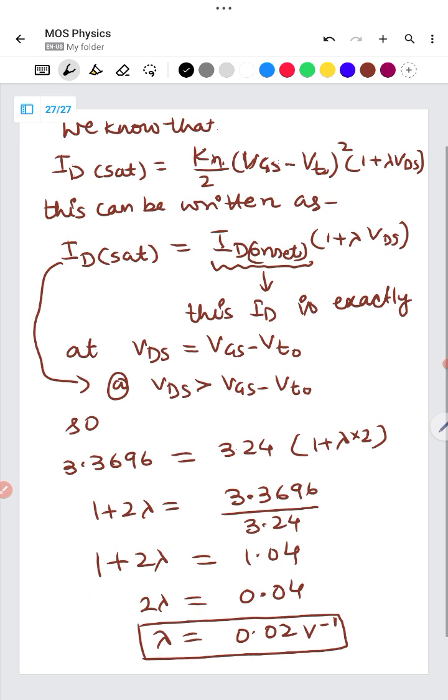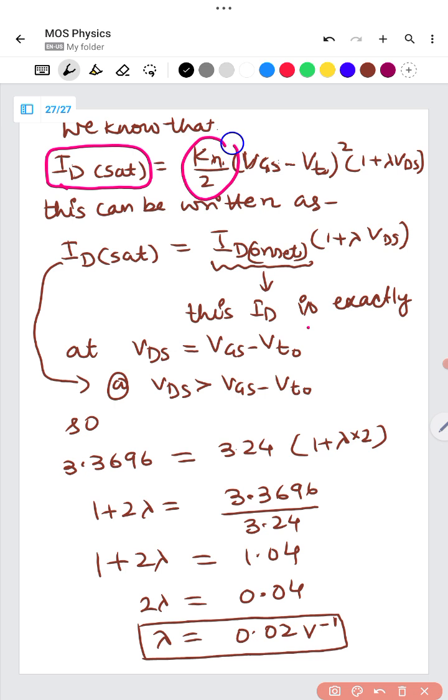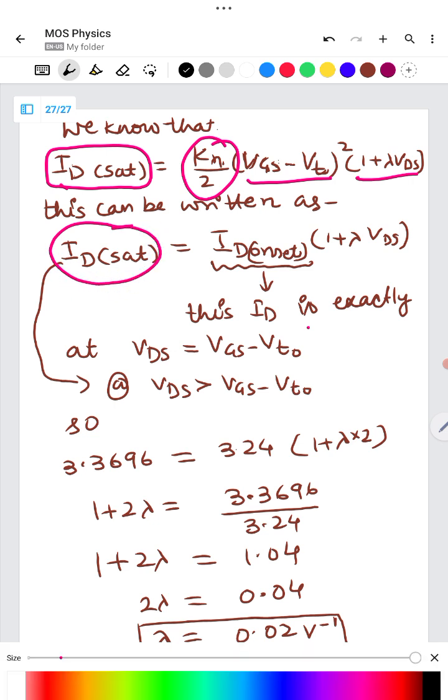How to find that? We have already found this: ID sat is equal to Kn by 2 times (VGS minus VT) whole square times (1 plus lambda VDS). Now this can be written as ID sat at any value of VDS, which is ID naught, exactly at VDS equal to VGS minus VT, times (1 plus lambda VDS).